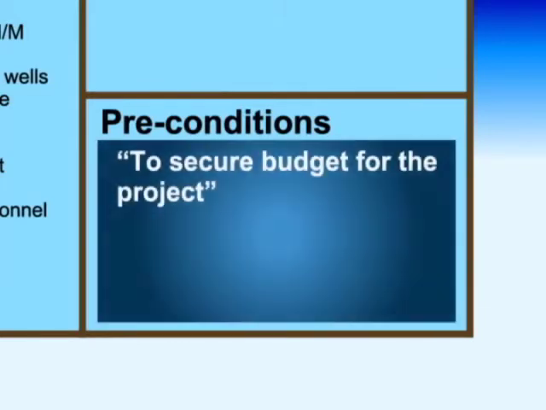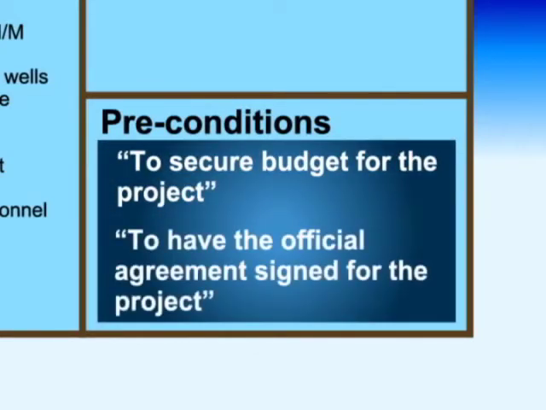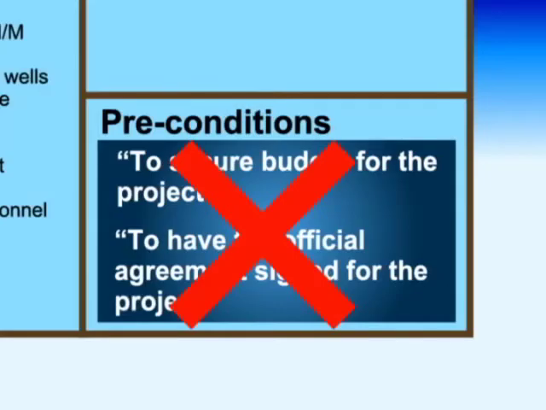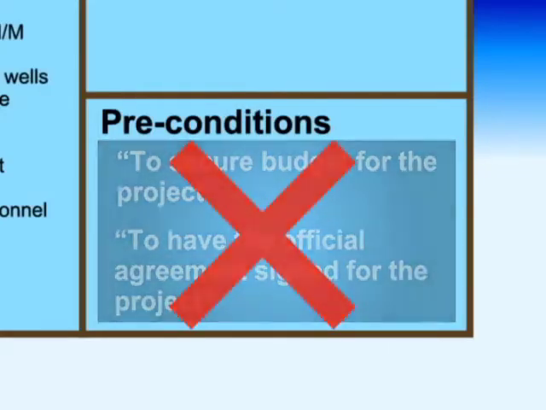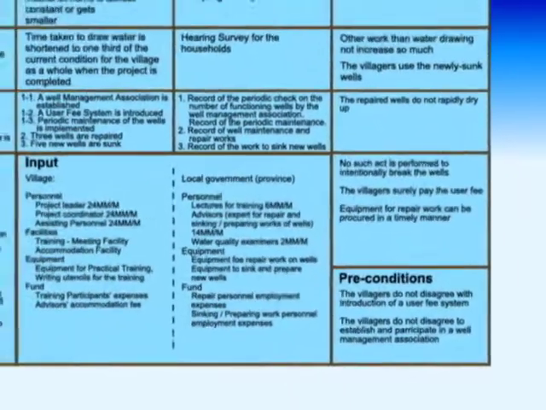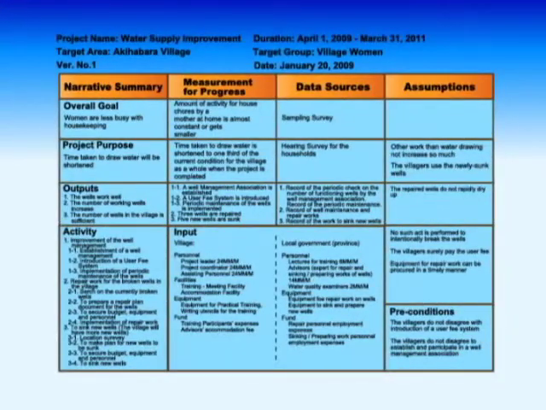For example, such descriptions as to secure budget for the project or to have the official agreement signed for the project should not be stated as preconditions. Now, the PDM is completed.